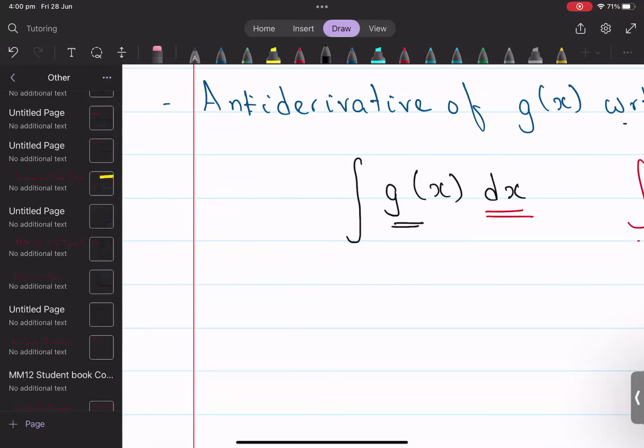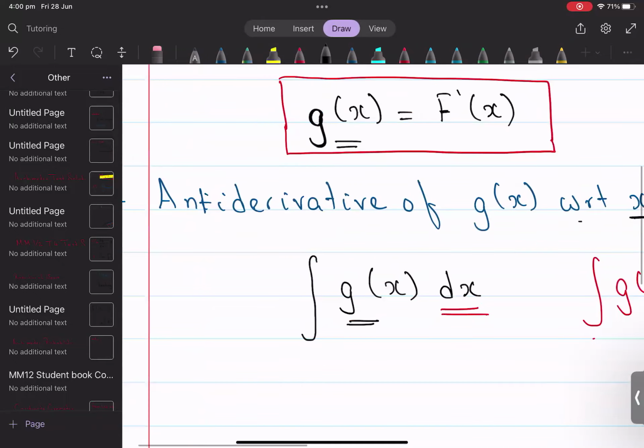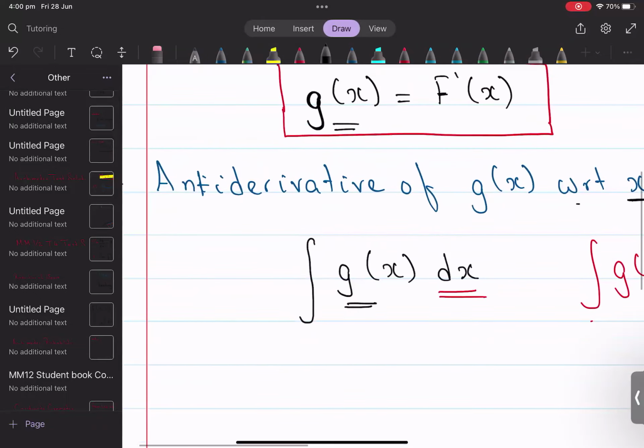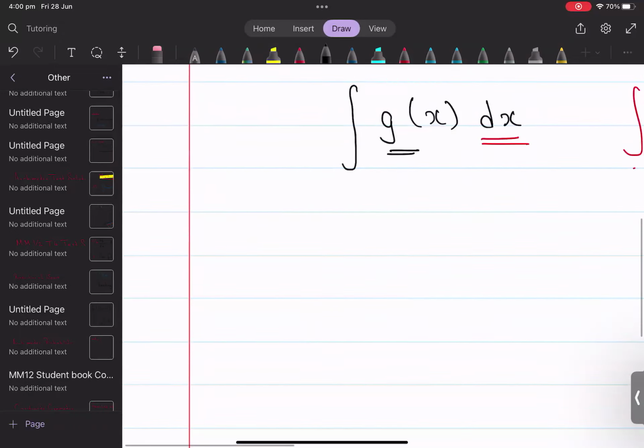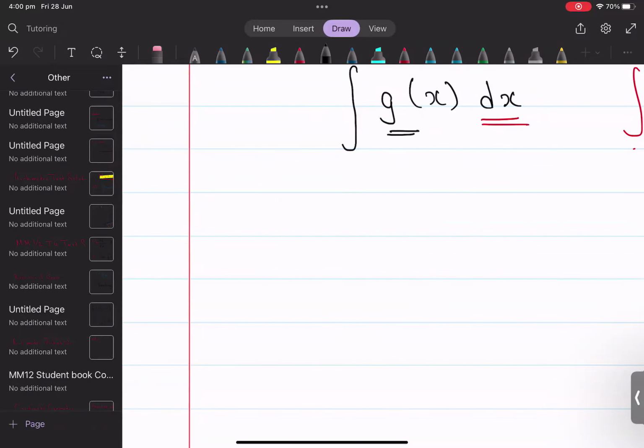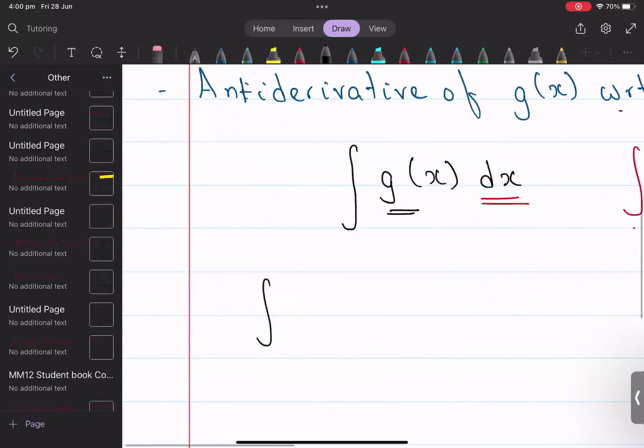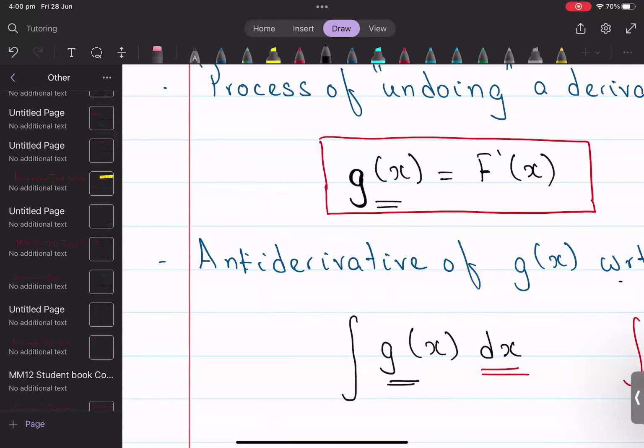What function will I get if I undo the derivative in g(x)? If I write out g(x) as F'(x), remember by definition g(x) was F'(x).